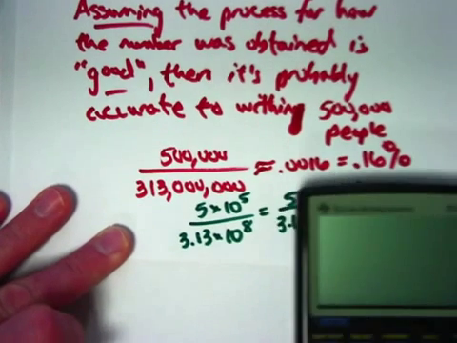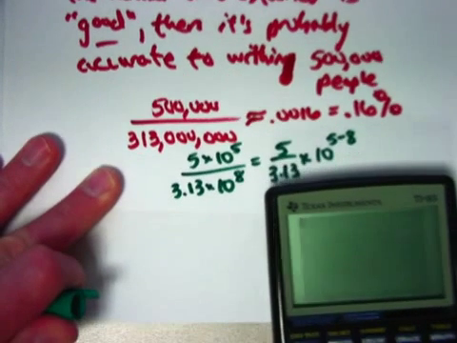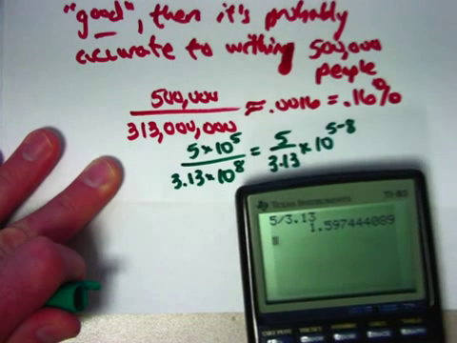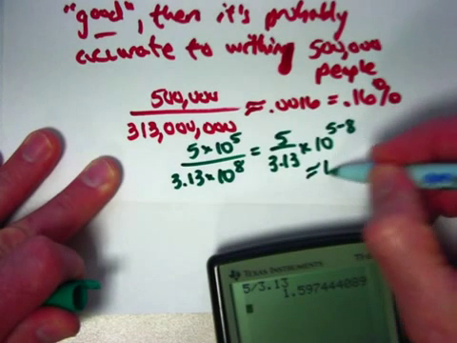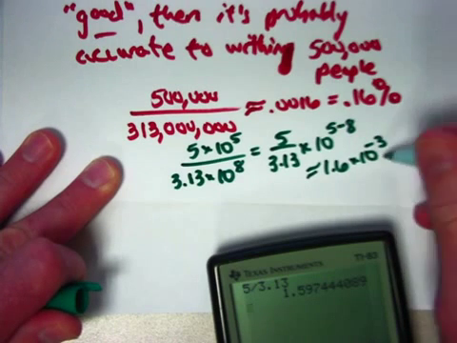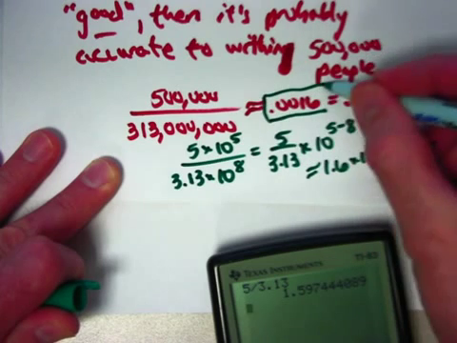If you do the calculation, 5 divided by 3.13, you get about 1.6. So this is about 1.6 times 10 to the negative 3rd power. There we have 0.0016 in scientific notation.